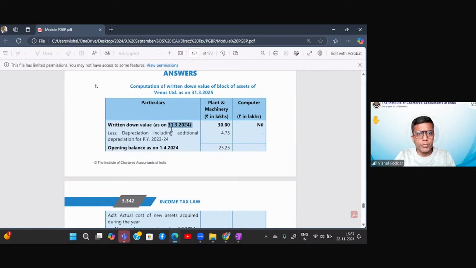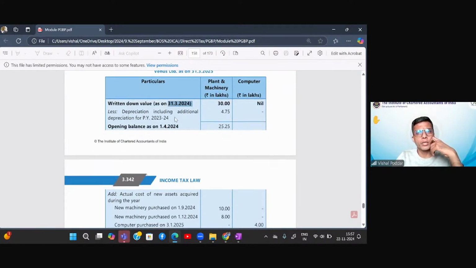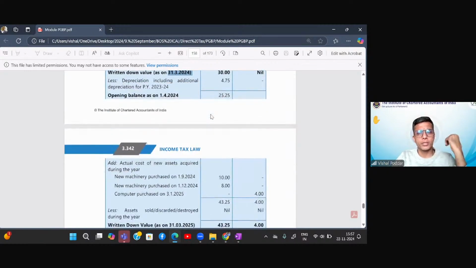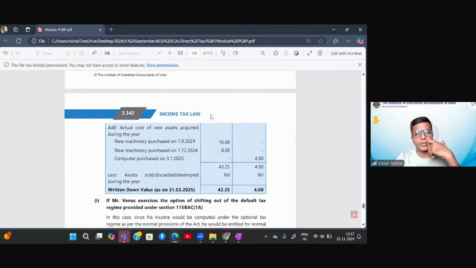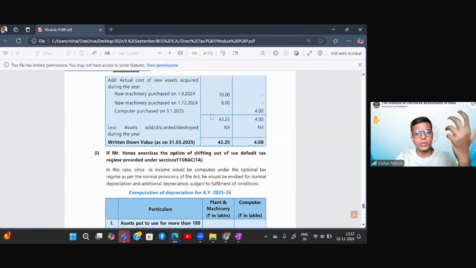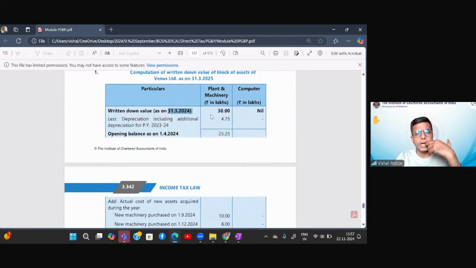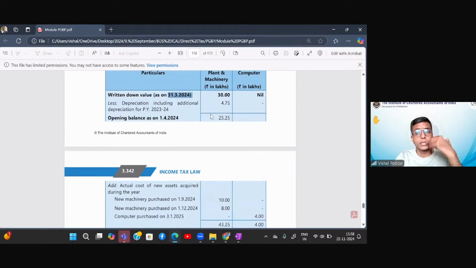What are they saying? WDV as on 31/3. But our current year is 24/25, no? Correct, so this is right. Depreciation, including additional depreciation of last year, 4.75. What was the reason for adding it back? Acha, okay. They have taken WDV of last year, that is before claiming the depreciation.